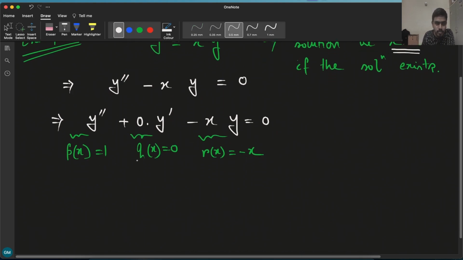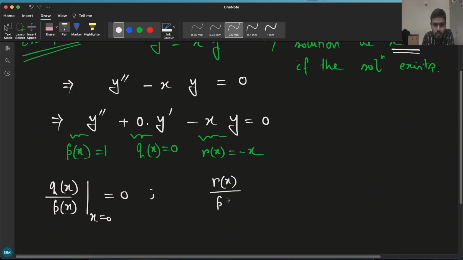And it's very easy to see that Q(x) by P(x) at x equals 0 equals 0, and R(x) by P(x) at x equals 0 equals 0.